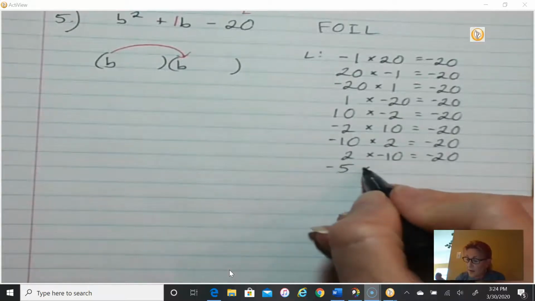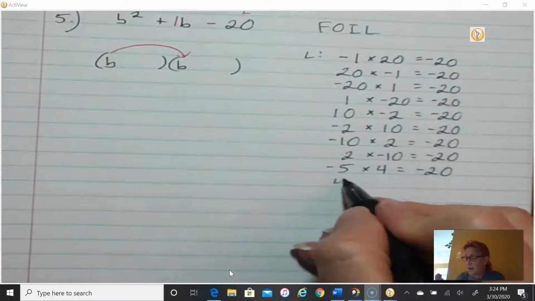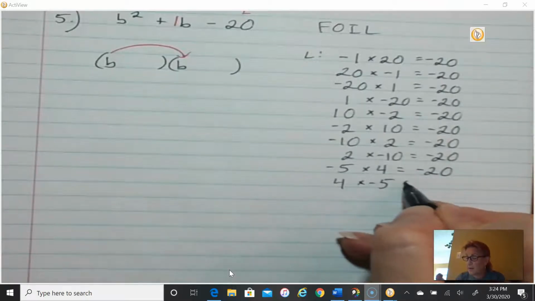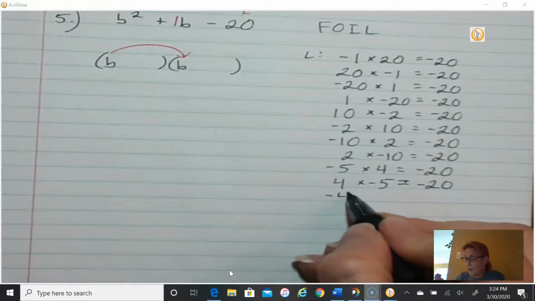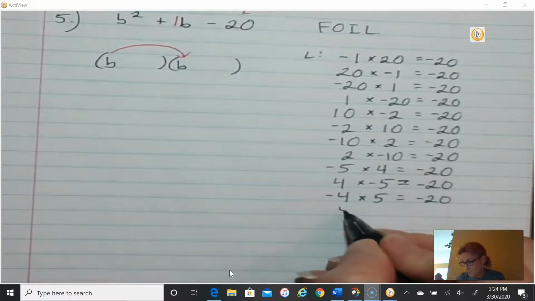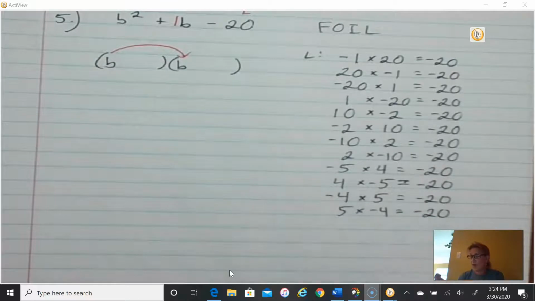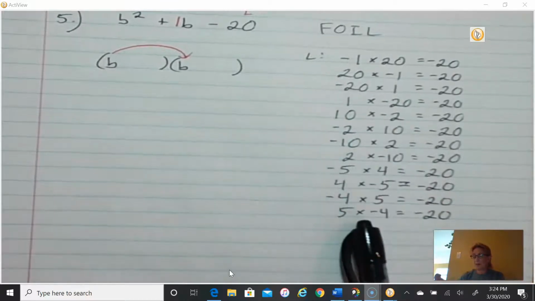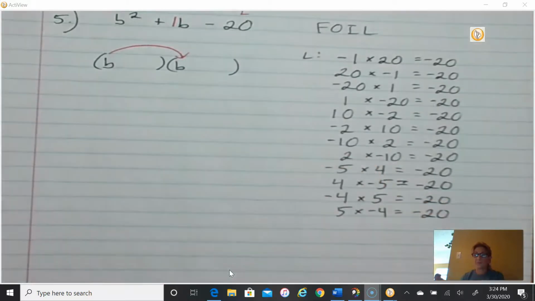Negative 5 times positive 4. You can flip that. Or a negative 4 and a positive 5. Those are all the ways that when multiplied will give you the last number.